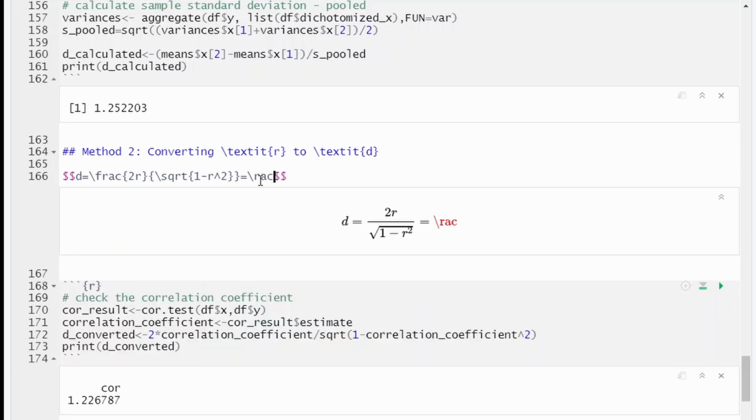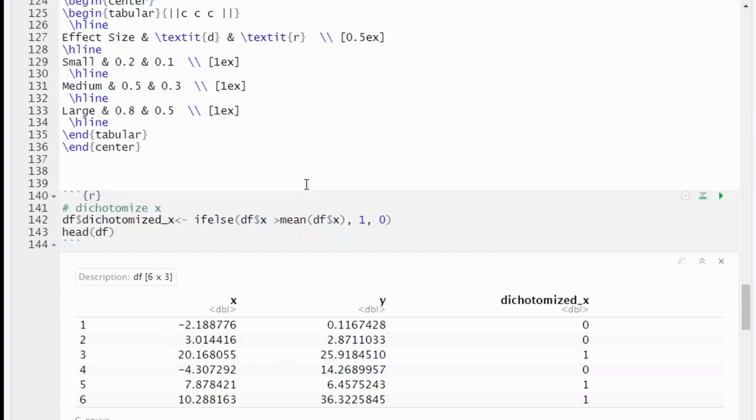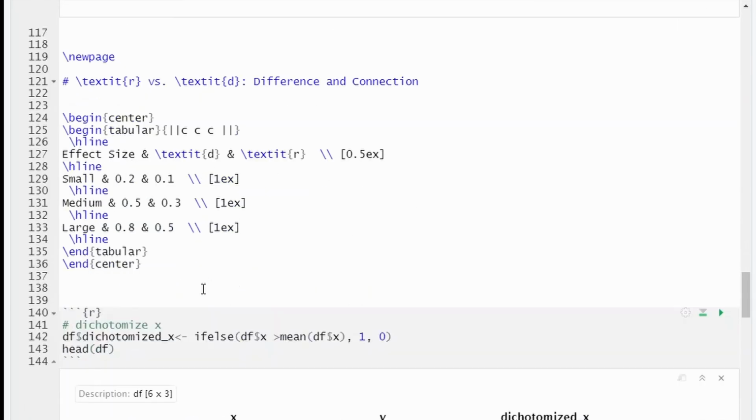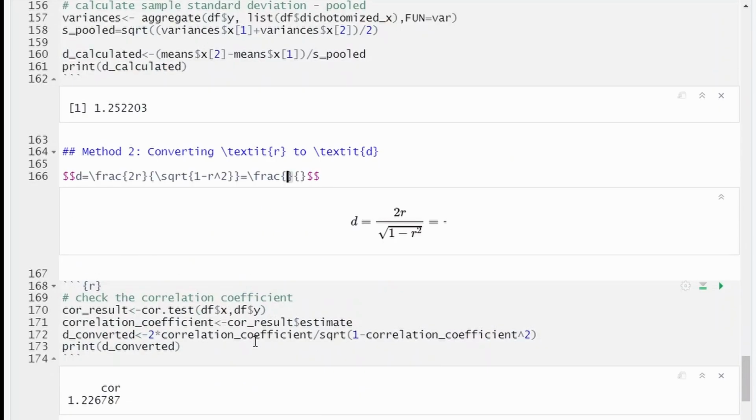So basically, what we are doing here is based on the correlation coefficient we calculated earlier, which we already know is 0.52. We directly used the R code to calculate the correlation coefficient. So 0.52 we can write out here.